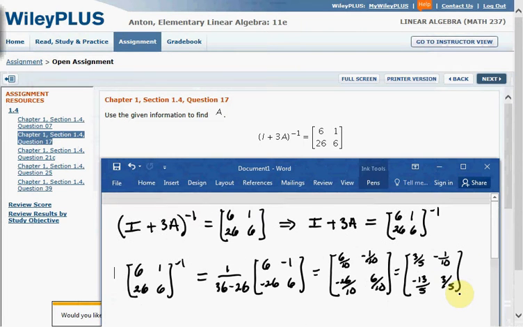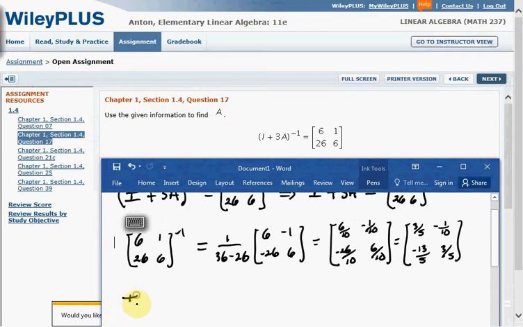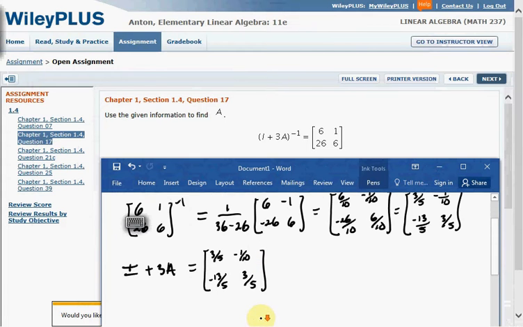So this is said to equal to the identity plus 3 times A is equal to this matrix here: 3 over 5, negative 1 over 10, negative 13/5, and 3/5.